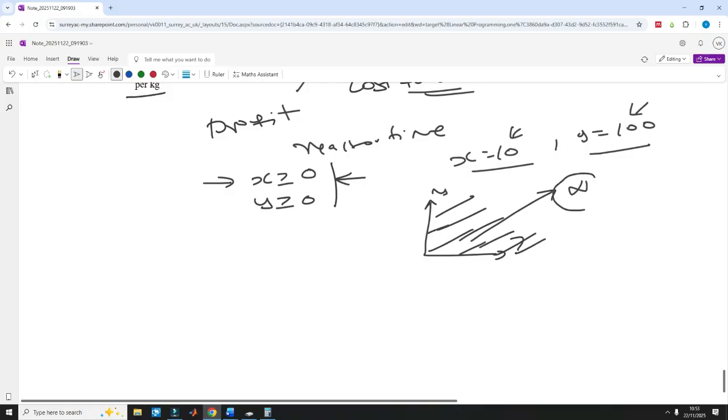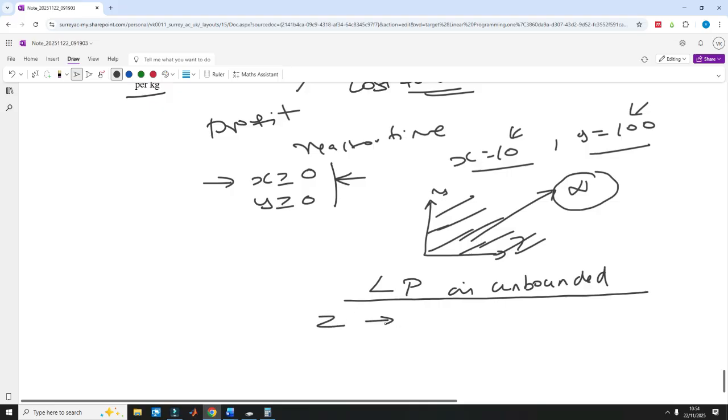This means there is no optimal solution for this type of problem, and this type of problem is something we call an unbounded LP, a linear program that is unbounded. The objective function z can increase without any limit for this type of problem.